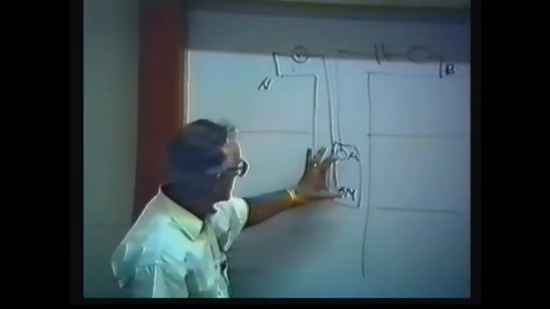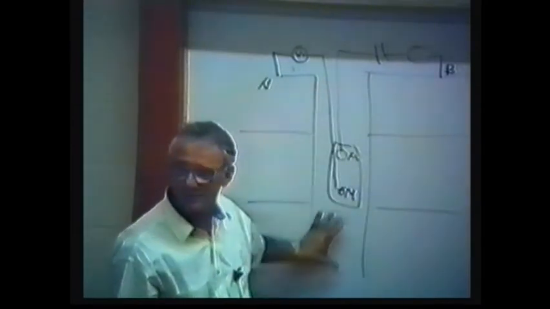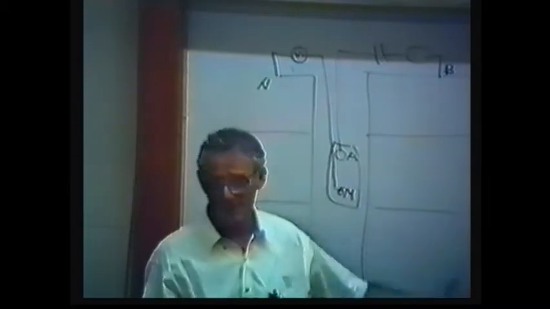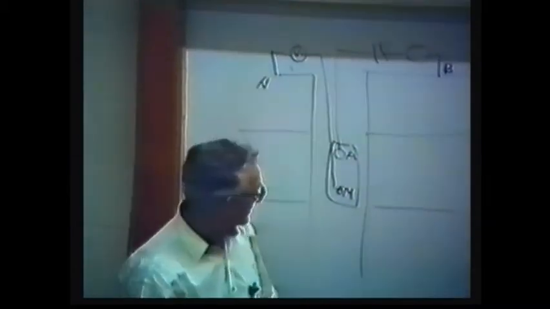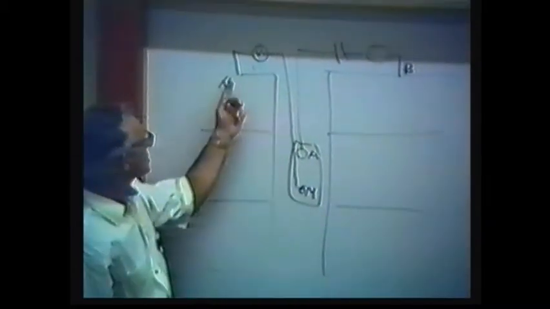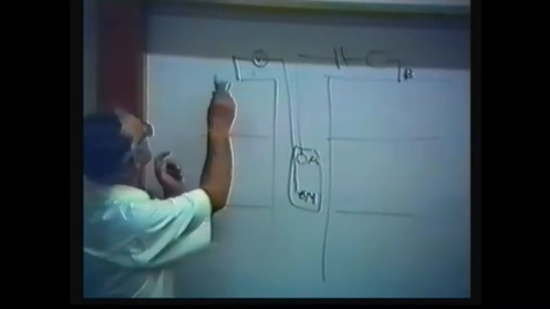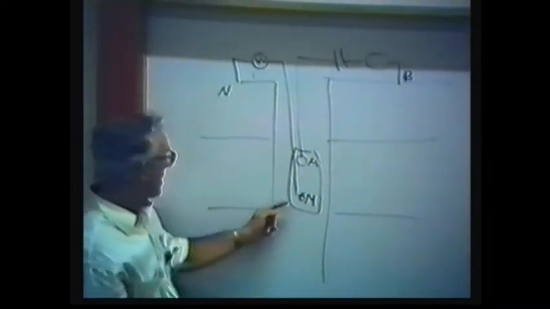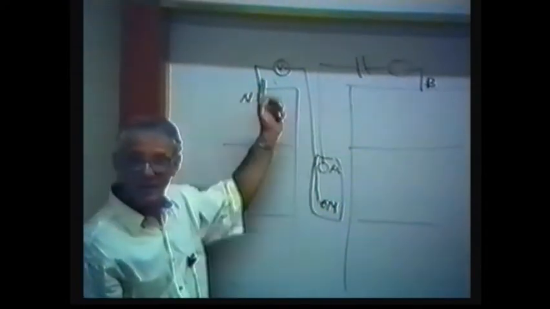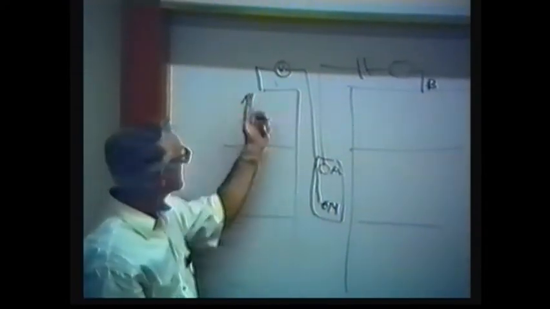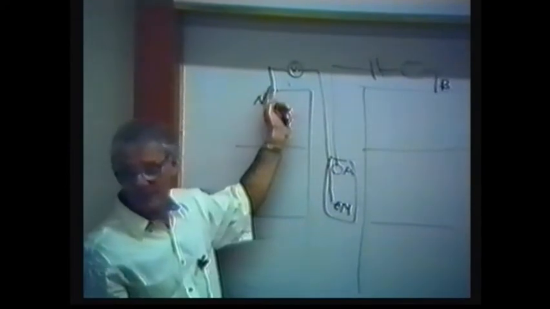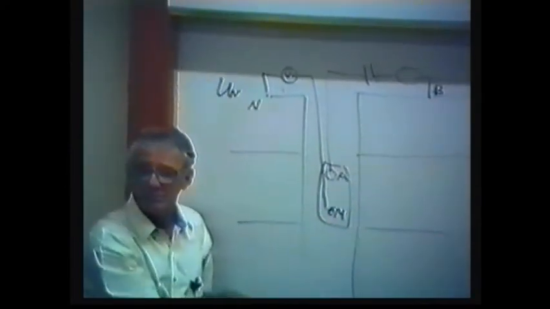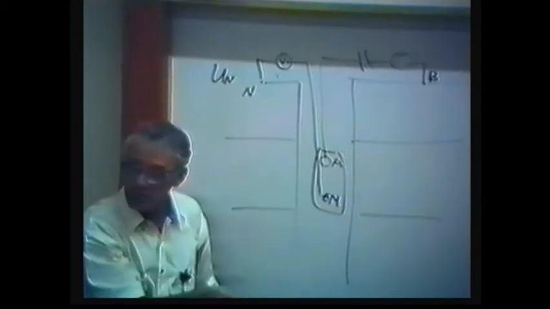So please imagine this system is moving. Question, what do we measure? Let us look together. Always we measure N, that's N. We measure voltage between M and N. Since N is very far away, its potential is equal to 0.